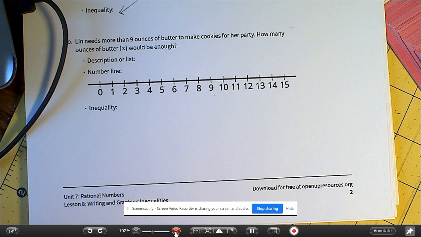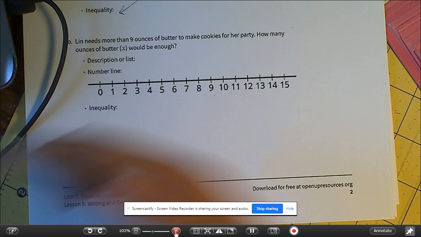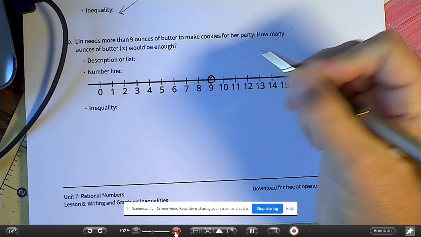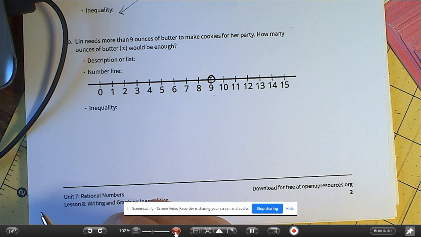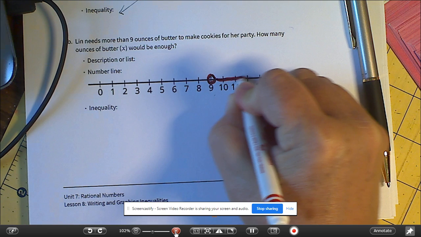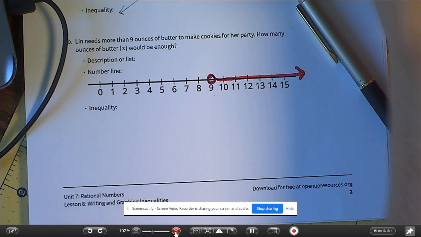B, it says Lynn needs more than 9 ounces of butter to make cookies for her party. How many ounces of butter would be enough? So she needs more than 9 ounces. So not 9, she needs more than 9. So it could be 9.1. That's why we do the open circle at 9. And then more than 9 would be going to the right. That's why we don't pick 10, because it can be anything between 9 and 10.